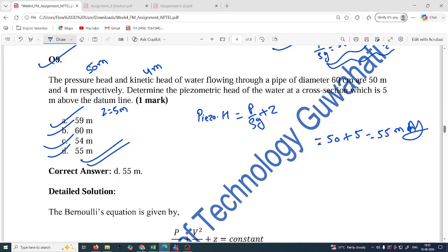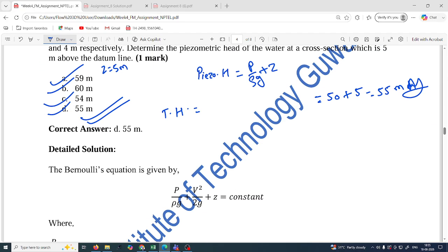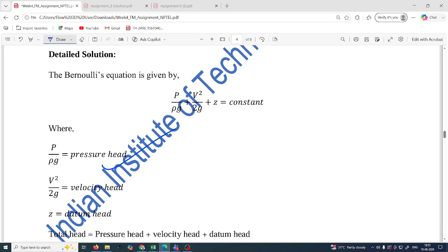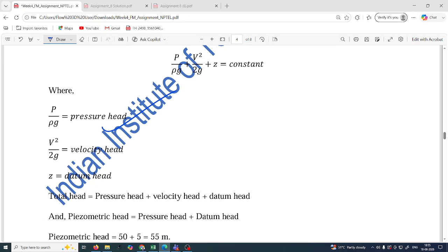Remember always, if the question was asking the total head, it is nothing but the summation of all, so that will be 59. Remember. Now the explanation here is very good. P by rho g is pressure head, then you have velocity head, then the datum head.